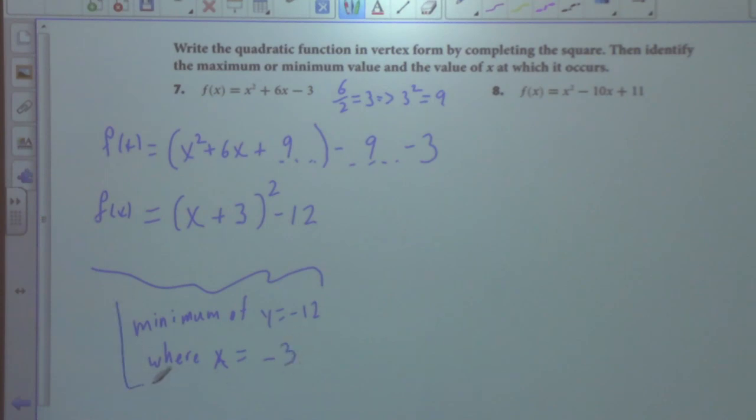So here we have our minimum value of negative 12 where x equals negative 3. Go ahead and work on 8, and then I'm going to call on somebody in just a couple of minutes to help with that.